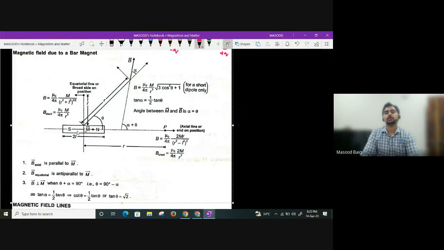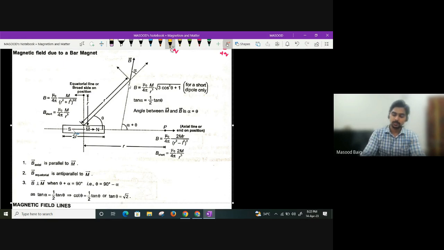Our interest will be to calculate the magnetic field at an axial point and at an equatorial point. Leaving out any point on the axial line and any point on the equatorial line, you can consider any other point in the plane; that will be called a radial point. And at the radial point, we will try to calculate the magnetic field only due to a short dipole, guys.